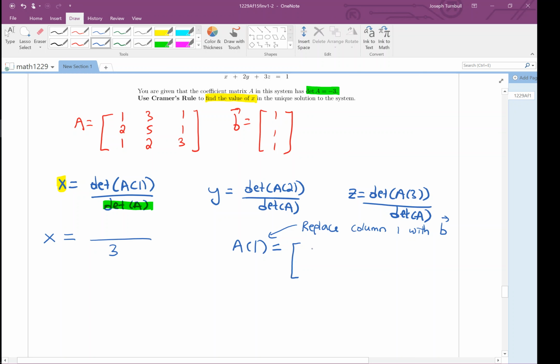We're going to replace 121 with 111. 352. 113. And now we're going to take the determinant of that.